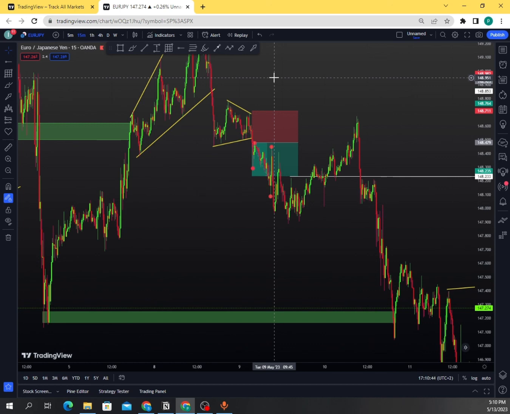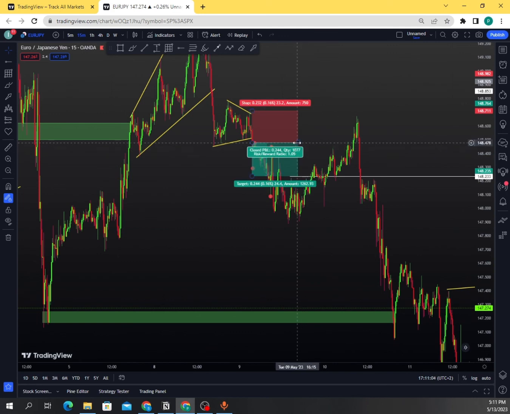So in this case, I didn't lose anything. And I didn't let my winning trade turn into a losing trade. What I did was that I managed to lock maximum profits. So guys, it is very important to lock profits.